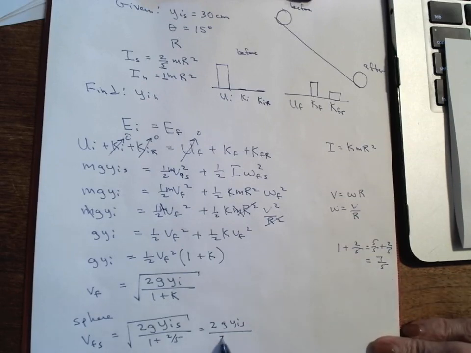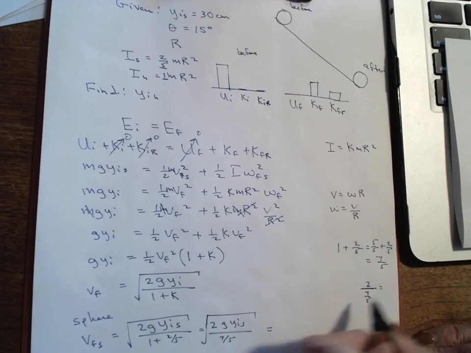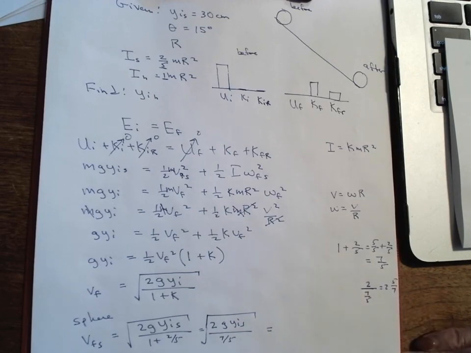So this is going to equal the square root, and 2 over 7/5 is equal to 2 times 5 over 7. So I get 10/7, so 10 over 7 g y of the sphere.